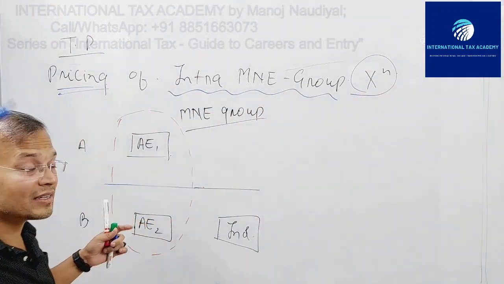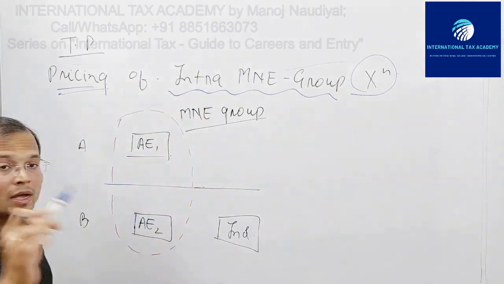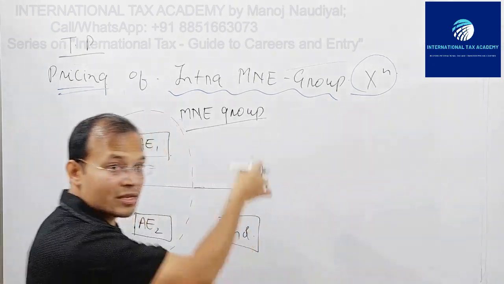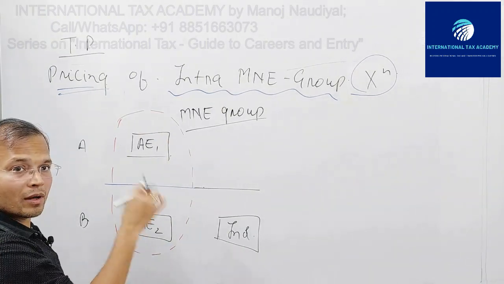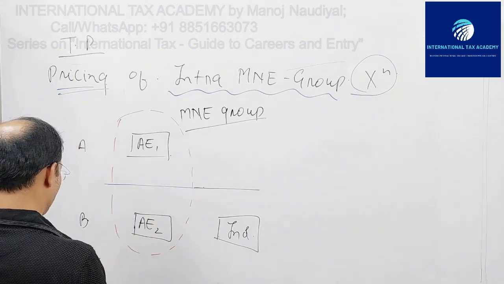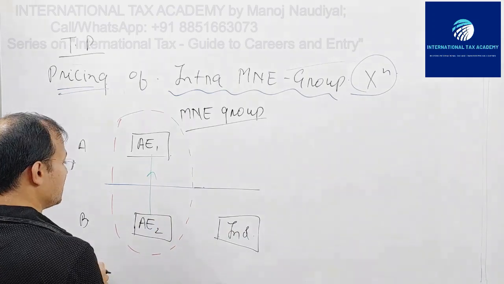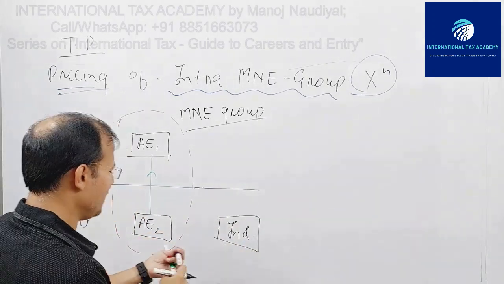See the magic happen. Intra is within, inter is between, across. So transactions are taking place within this MNE group, and transactions might take place across the group as well.